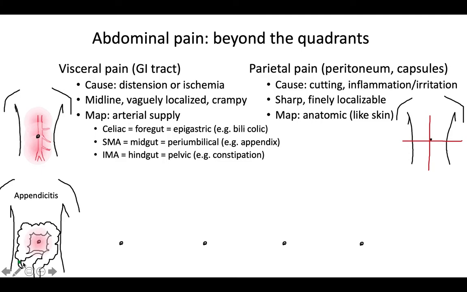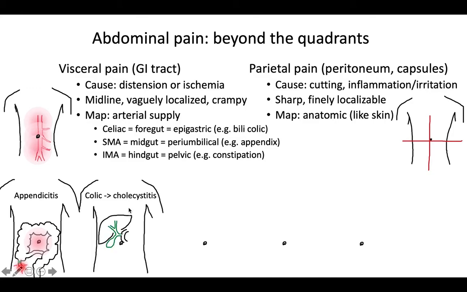This causes visceral pain in the periumbilical area, midline, because the appendix is part of the embryologic midgut. Only when the appendix becomes inflamed and that inflammation starts to irritate the adjacent peritoneum does the pain lateralize to the actual location of the problem, and that pain is now peritoneal and in the right lower quadrant.